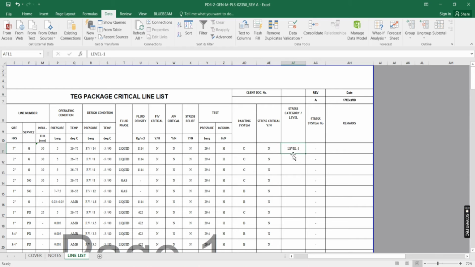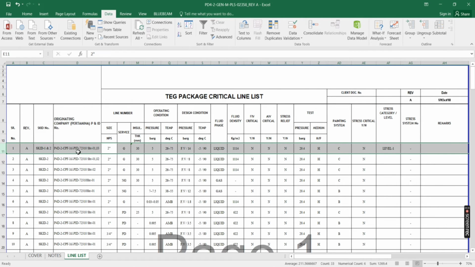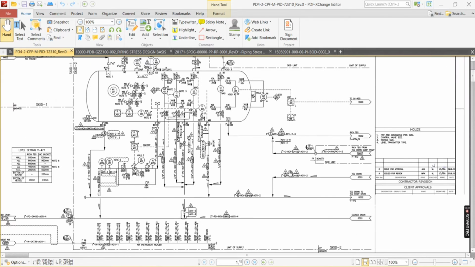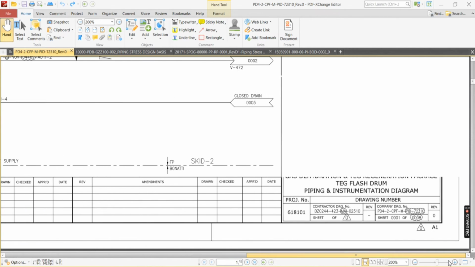So for example, you take this 2-inch line. See, it is sheet 1 of 3 in the P&ID. If you see this, it is sheet 1 of 2.